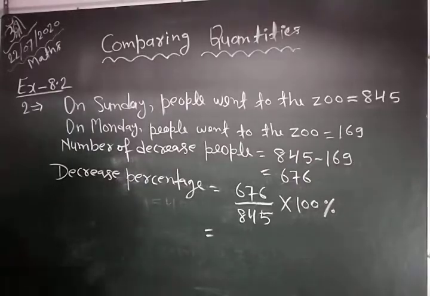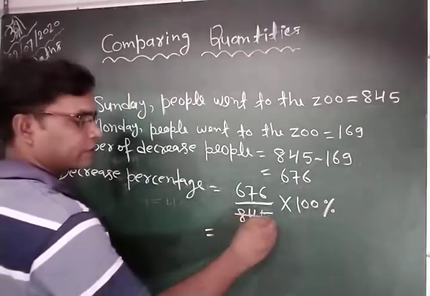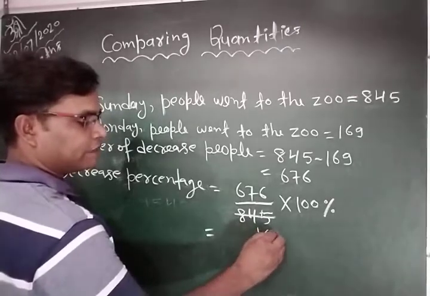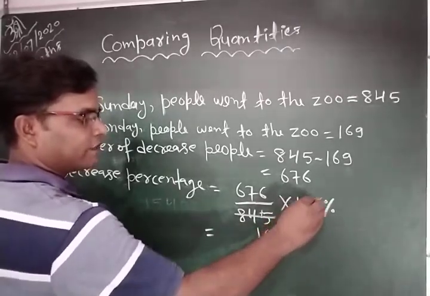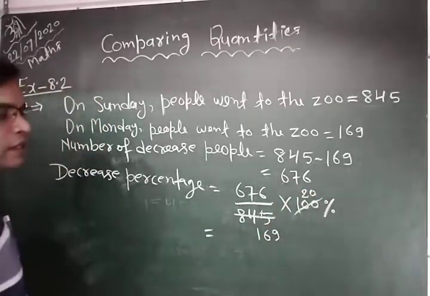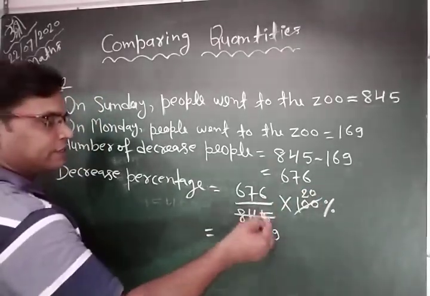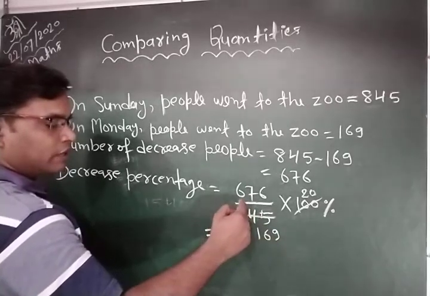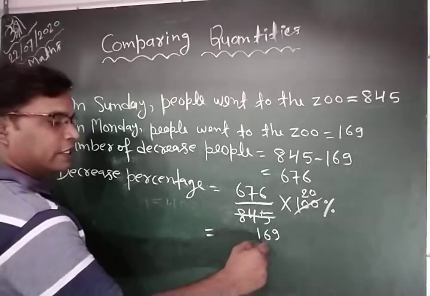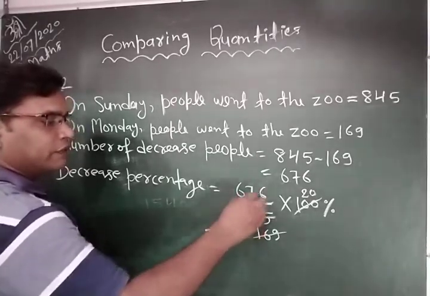If you solve this, if you cancel this by 5, 5 1 ja 5, 5 6 ja 5, 5 9 ja, and 5 20 ja. After this, if you cancel it, we have here 676 by 169. 169 4 ja.